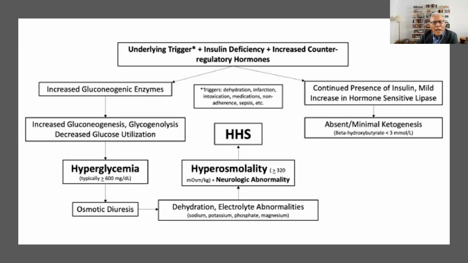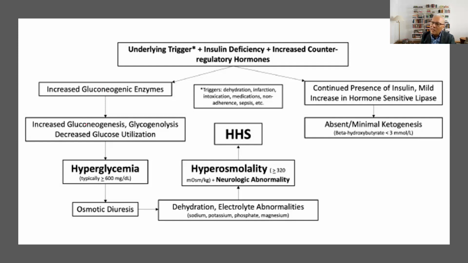So in type 2 diabetes, the body still produces some insulin, and it is usually enough to avoid ketoacidosis, but not enough to control glucose. So when the serum glucose rises, osmotic diuresis begins to deplete the body fluid. So remember again, why is there diuresis?